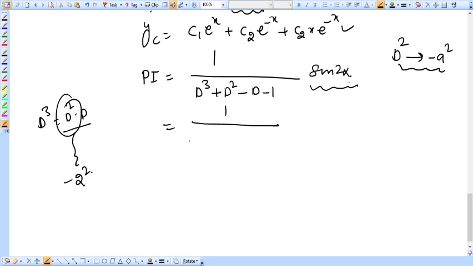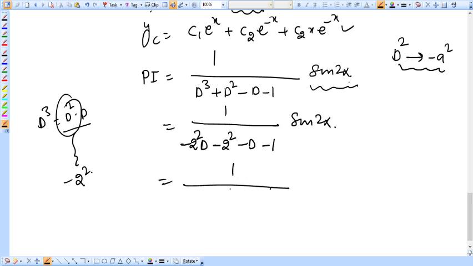So minus 2 square into d, minus d as it is, minus 1 as it is, sine 2x. 1 over minus 4d minus 4 minus d minus 1 sine 2x equal to 1 over minus 5d minus 5 sine 2x.